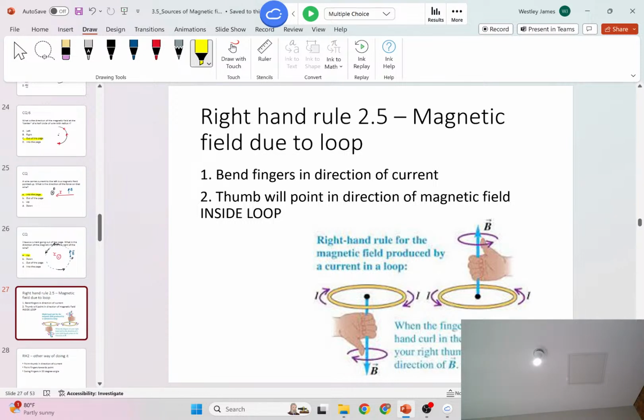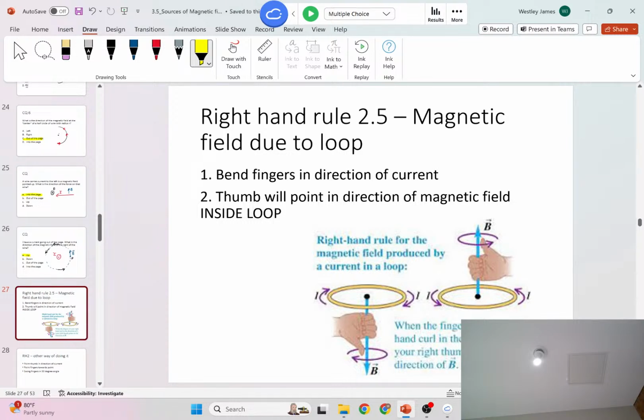So if you have a loop of wire, you can swing your fingers around it, make your fingers go in the direction of current, and your thumb points the direction of magnetic field inside it. So like this one, it's going from above, it's looking kind of counterclockwise. Oh, my thumb points up, the magnetic field points up. For this loop here, I curl it the other way, my thumb points down.